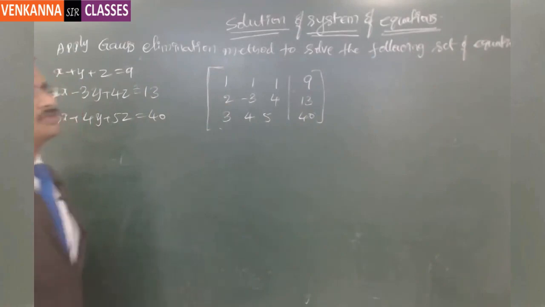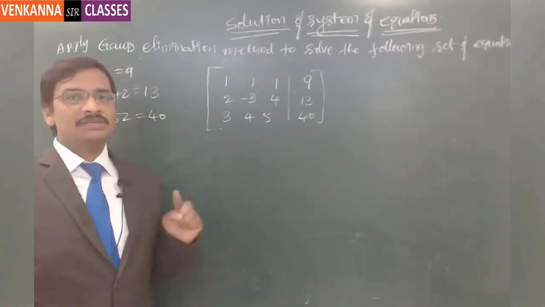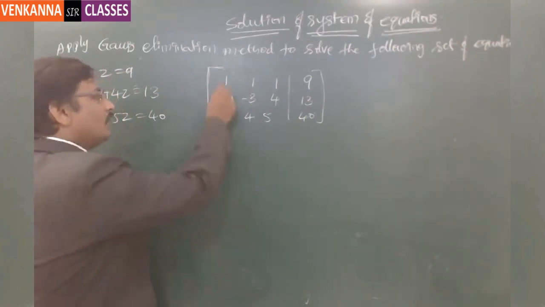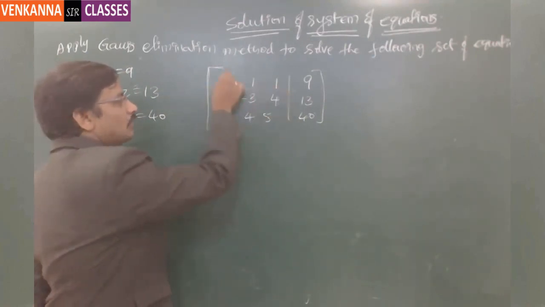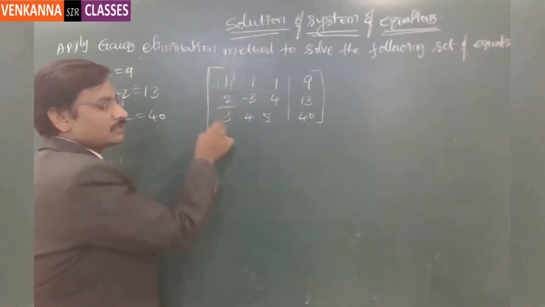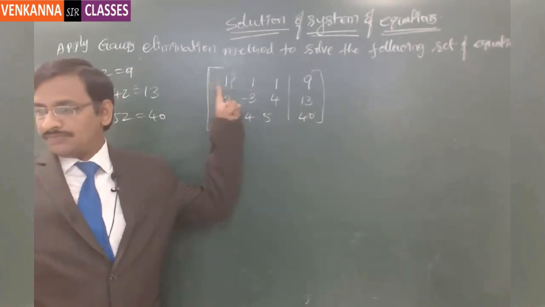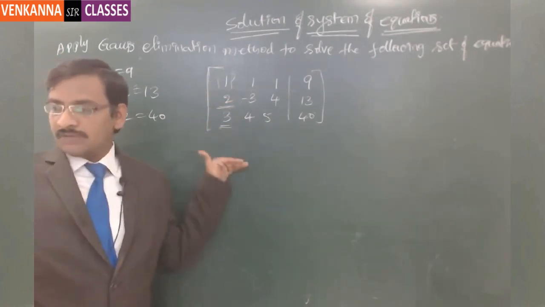Now on this I want to apply the Gauss elimination method, which essentially means that with the help of this first row first element, you will make the second row first element and third row first element zeros. This is the first step.